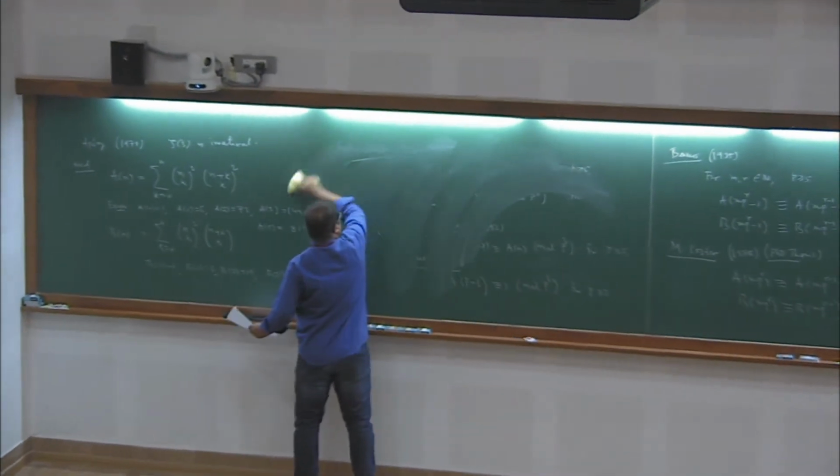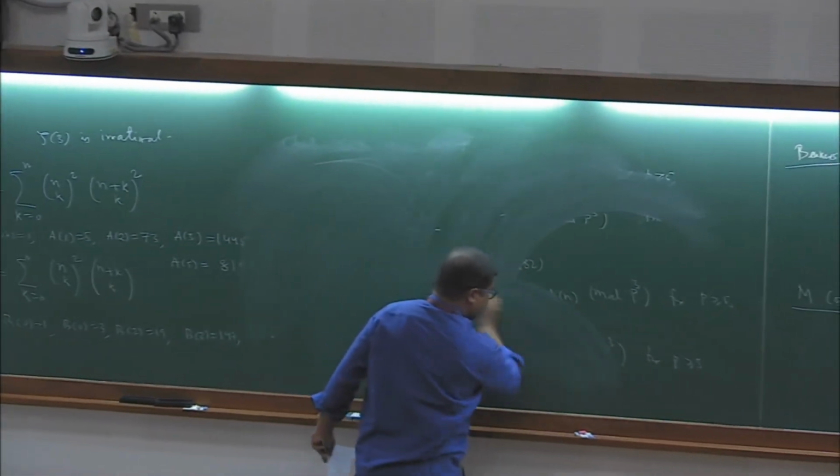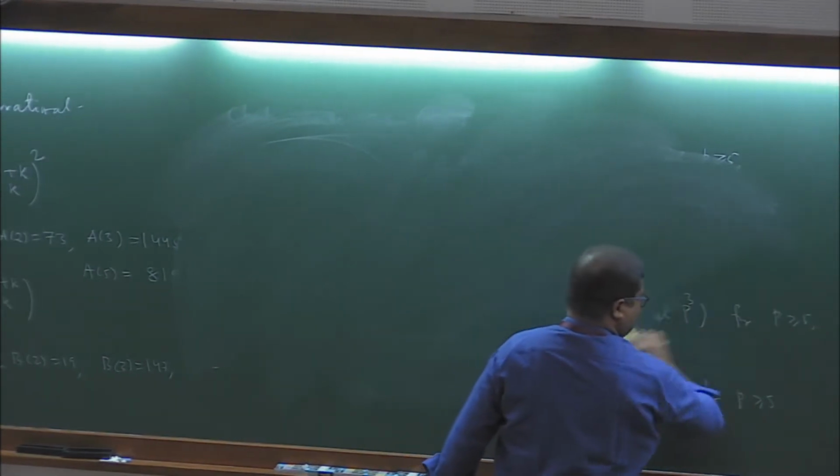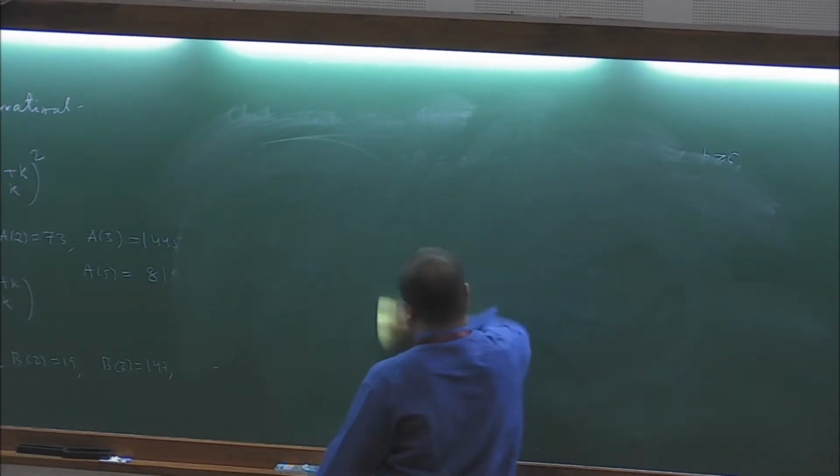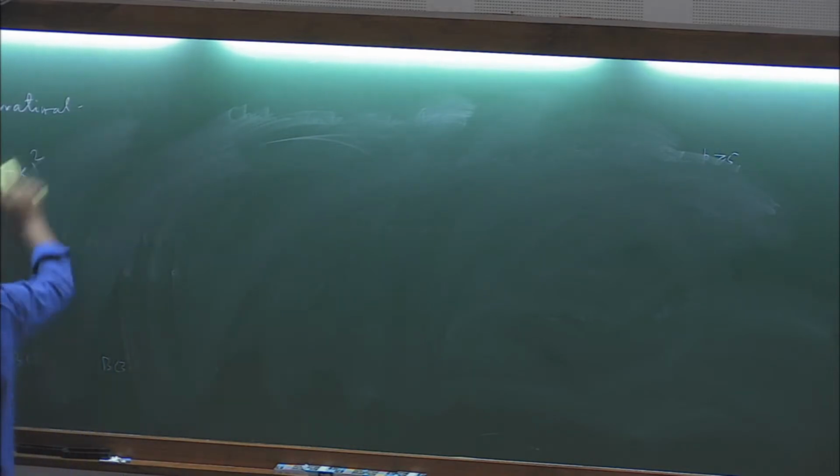Zagier, in the 90s, made an experiment with a lot of data. Among these 1,000 million triples a, b, lambda, he only found 36 tuples which give rational integer solutions to these recurrence relations.